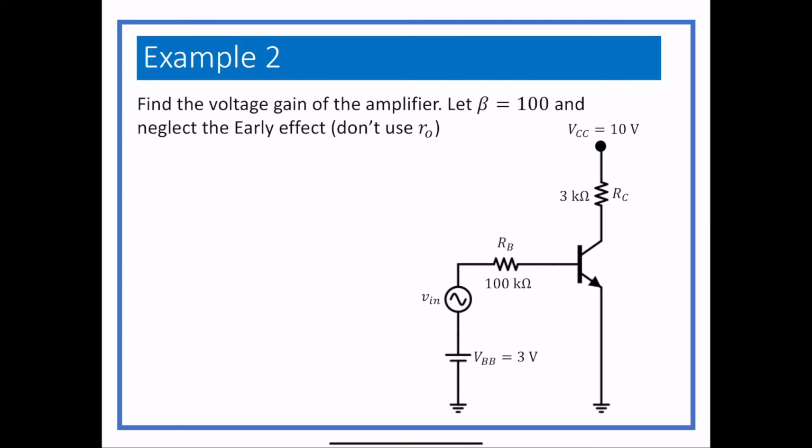The first thing with any of these circuits is to do the DC analysis first. So in the DC analysis, we turn off the AC source, so that goes away, and we pretend this is just a DC circuit. When I cover overall discrete amplifiers, there are often capacitors that connect.